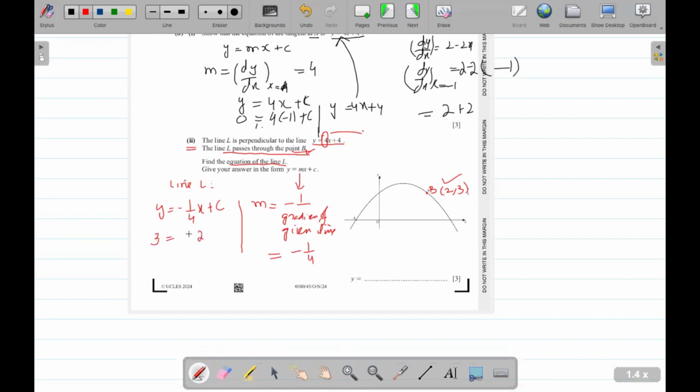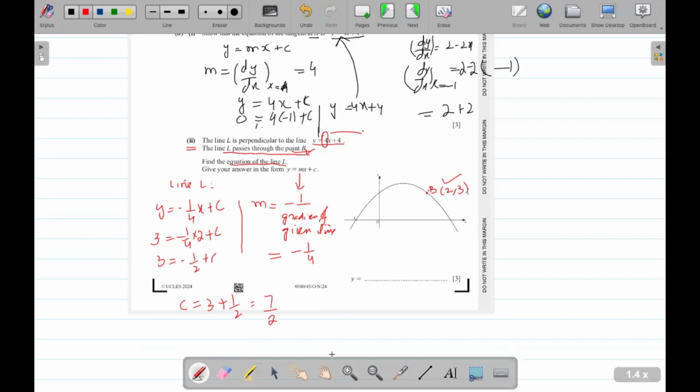Therefore, this value 3 equals minus 1 over 4 into 2 plus c, and this will be equal to 1 minus 1 over 2, c equals minus 1 over 2 plus c, and therefore 3 equals minus 1 over 2 plus c, and therefore c will be equal to 3 plus 1 over 2, and this will be equal to 7 over 2.